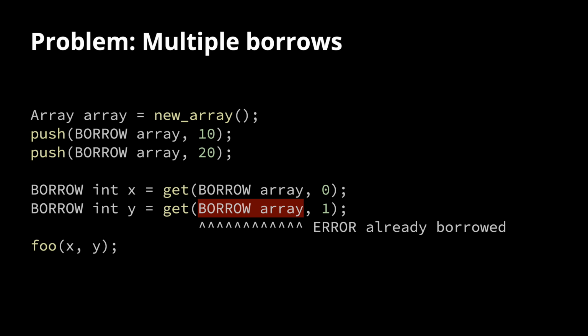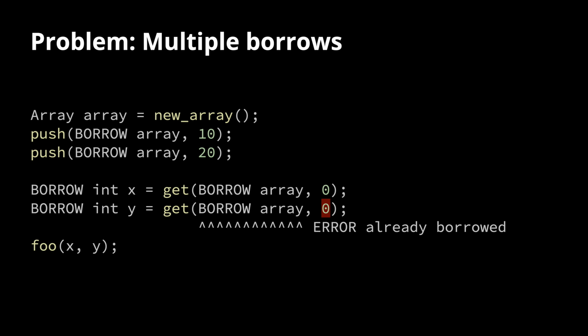Array is already borrowed. Now, this is actually correct because what if I pass the same index both times? If this was allowed, x and y would both point to the same item. There would be two names, two aliases for the same object in memory, and we could effectively break the rule that says some types cannot be copied.